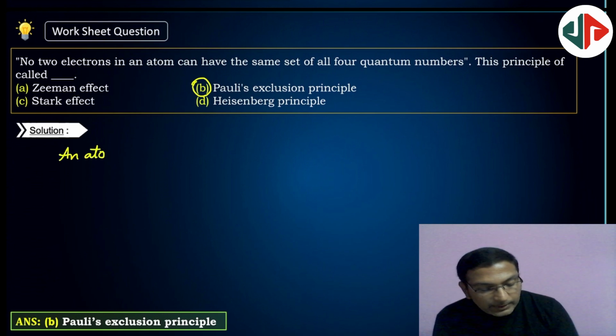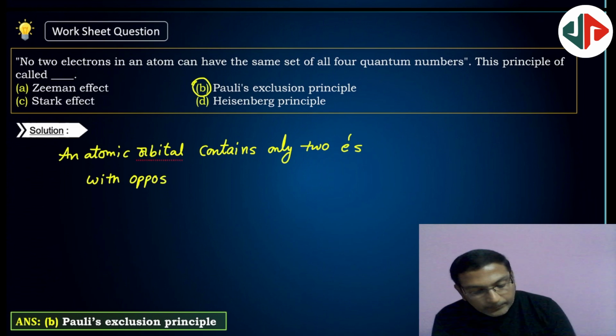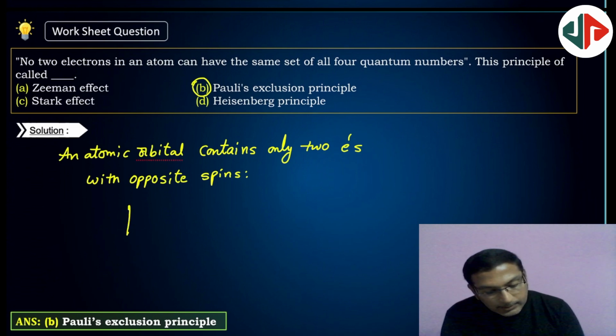An atomic orbital contains only 2 electrons with opposite spins. Say this is an atomic orbital.